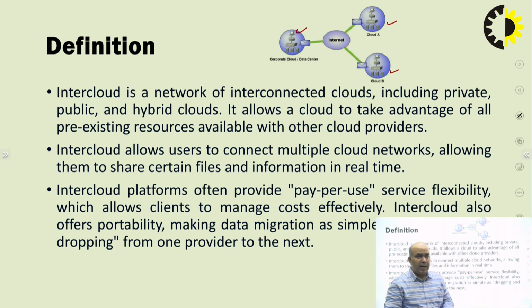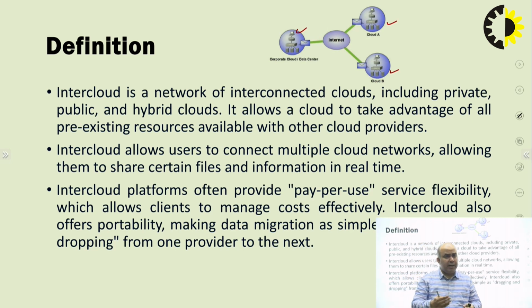So as the definition says, an intercloud is a network of interconnected clouds, including private, public, and hybrid clouds. It allows a cloud to take advantage of all the pre-existing resources available with other cloud providers.